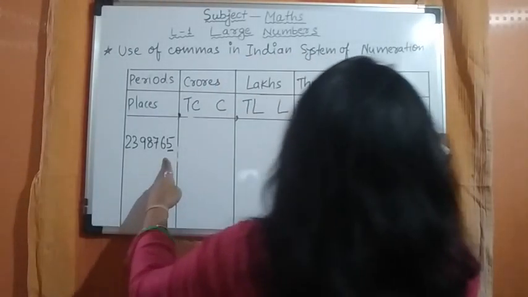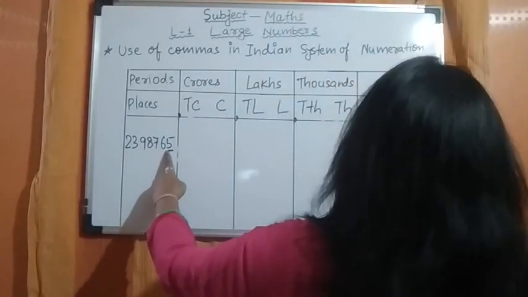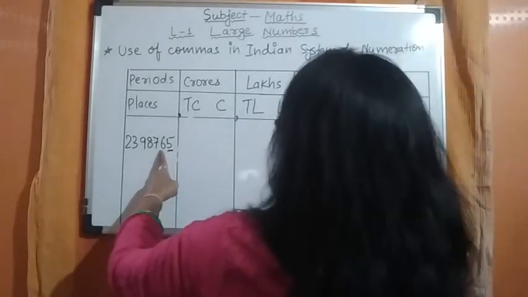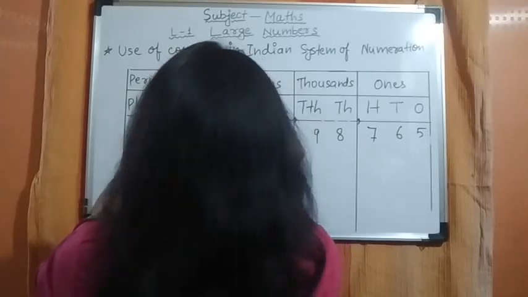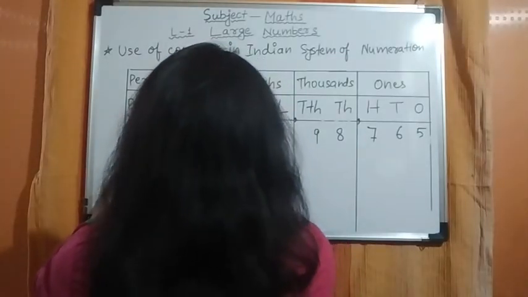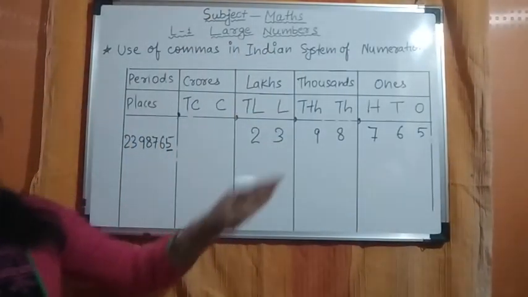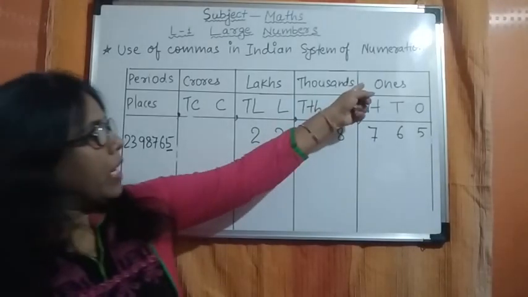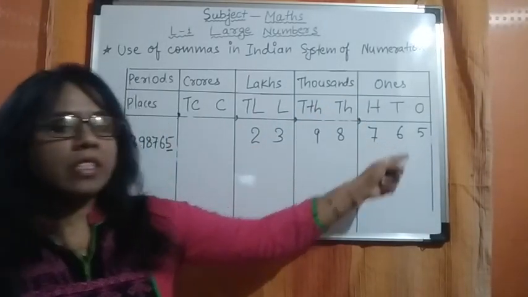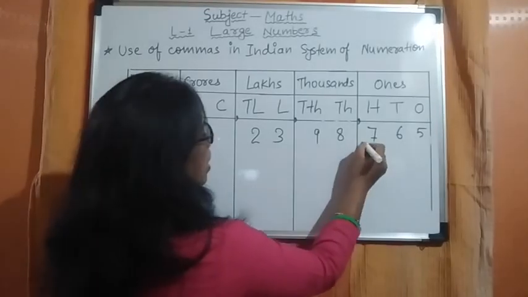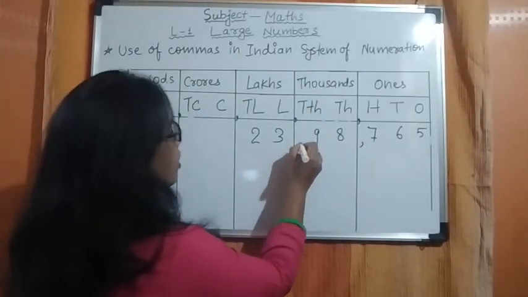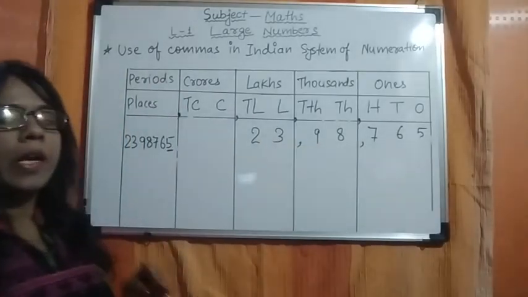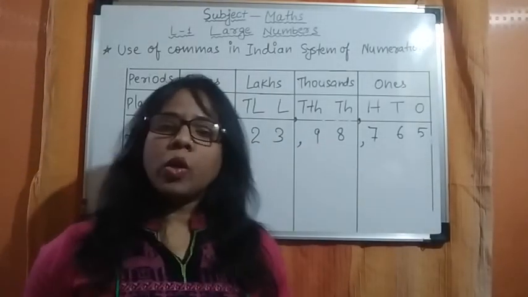We will put it at ones place, then 6, then 7, then 8, then 9, then 3, then 2. Now you can know very easily that ones period means 3 numbers, so after 3 numbers we will put a comma. Thousands period 2 numbers, so after 2 numbers, lakhs period 2 numbers. So how will we put commas?